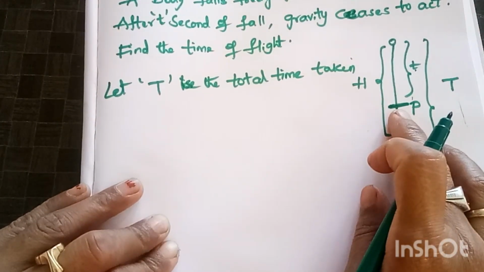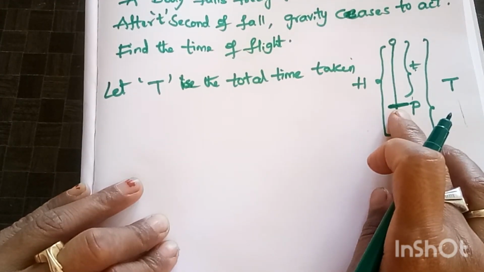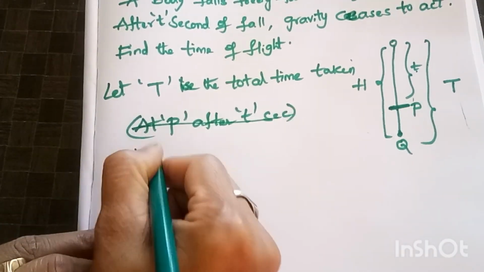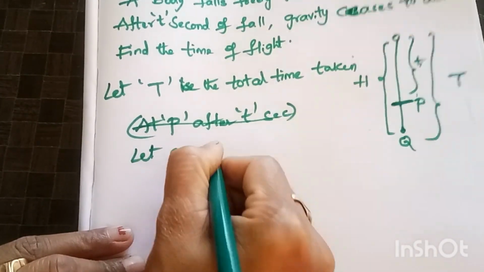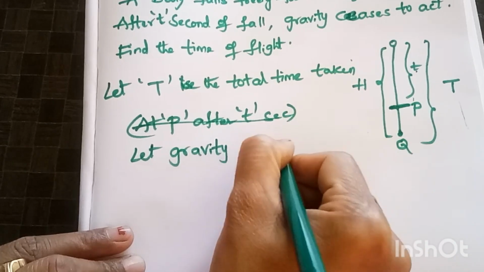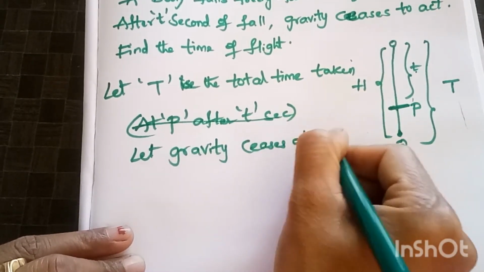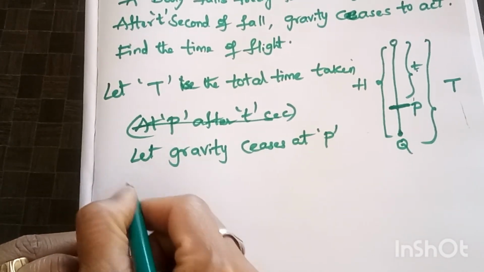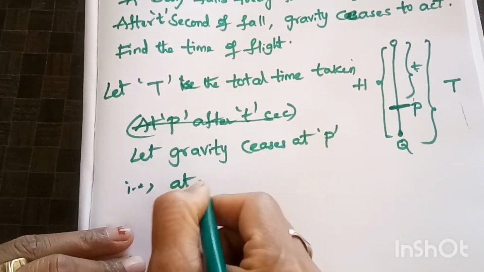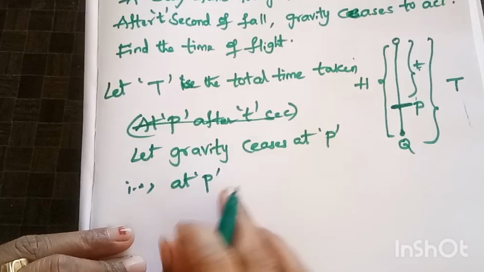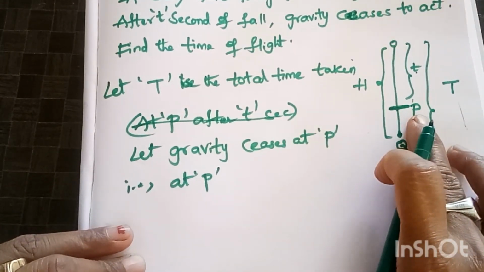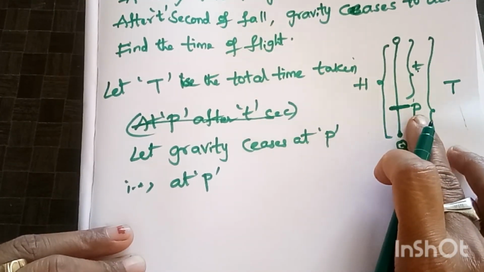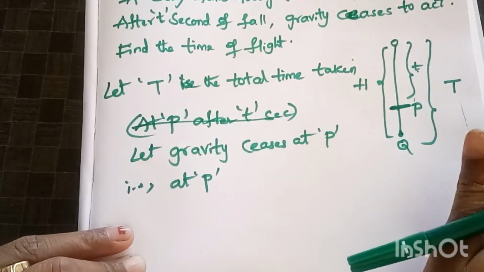At which point are we considering the gravity ceases? At point P. Let gravity cease at P after t seconds. At P the body does not have any gravity acting, so the body is stuck in air.